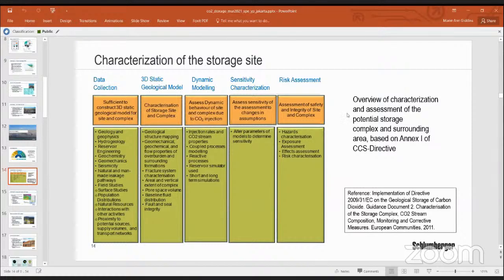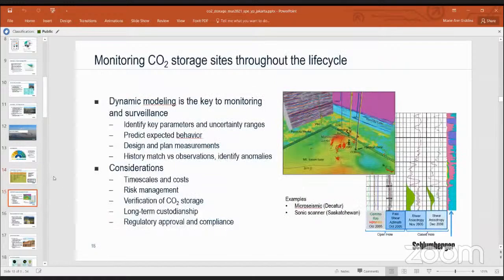So these regulations require that people perform the necessary studies, and you can see that in all of these steps there's a demand for the technical capabilities of reservoir engineers and other oil industry experts. We also need simulation to decide how to monitor the CO2 storage sites through the life cycle.